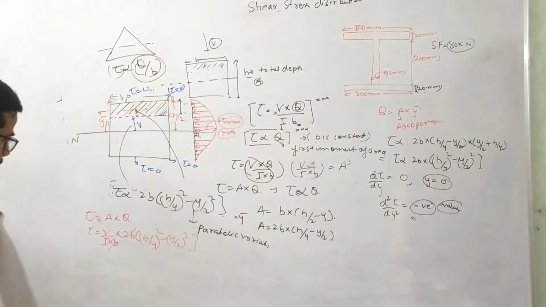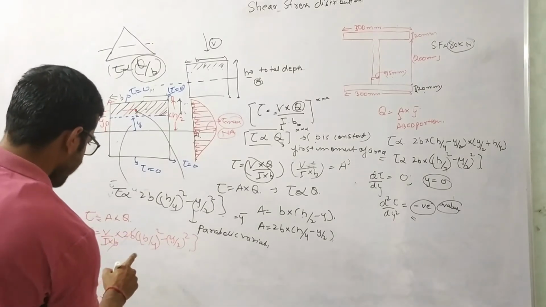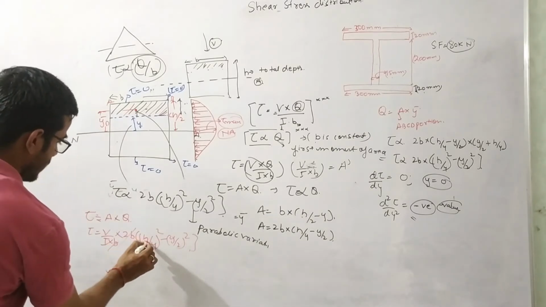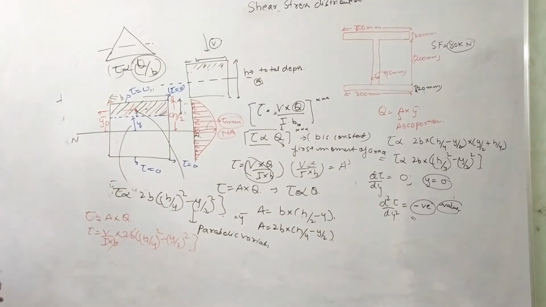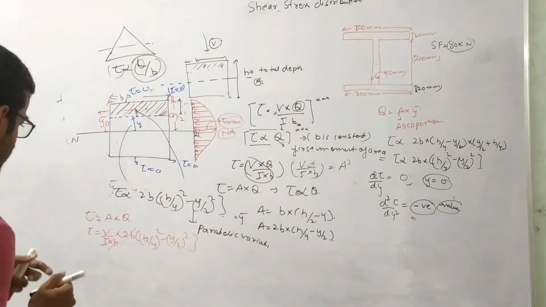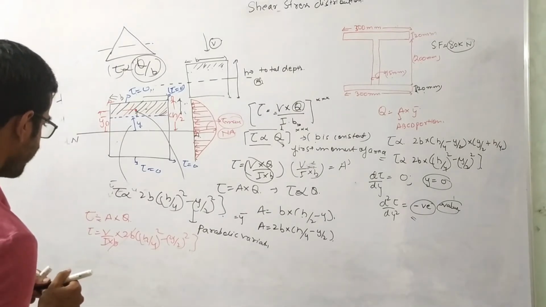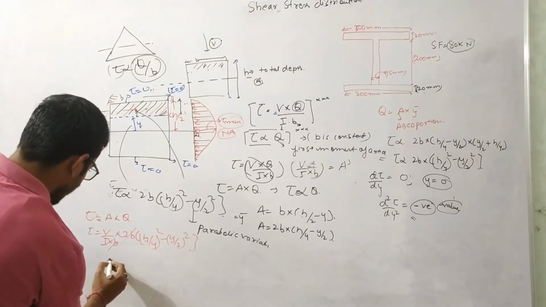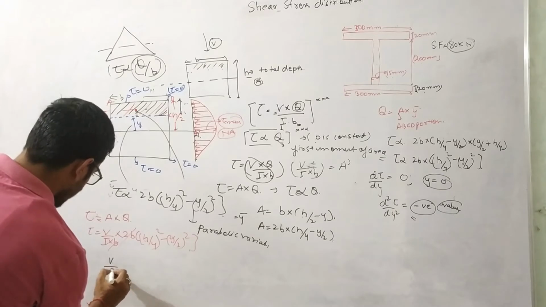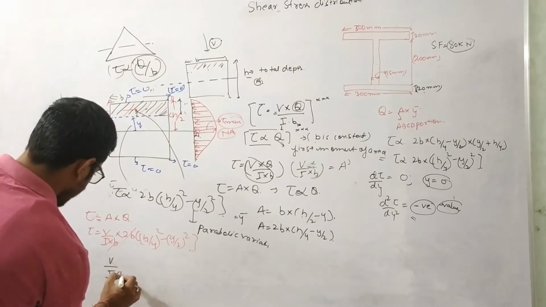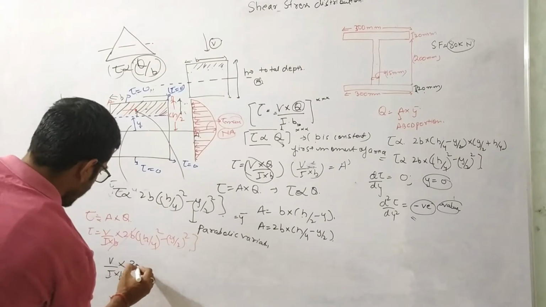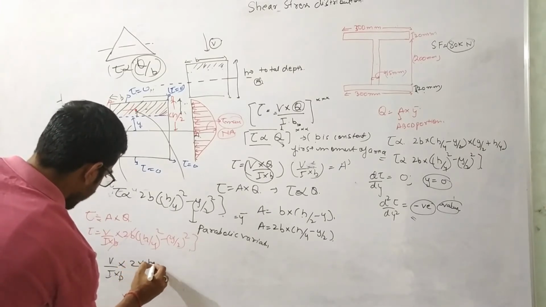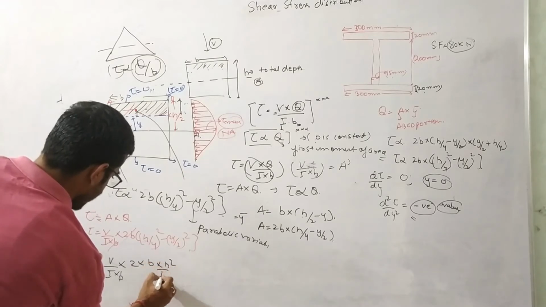The b cancels, and if I put y equal to 0 in this equation, I will get V over I into b into 2 into b into h square over 16.